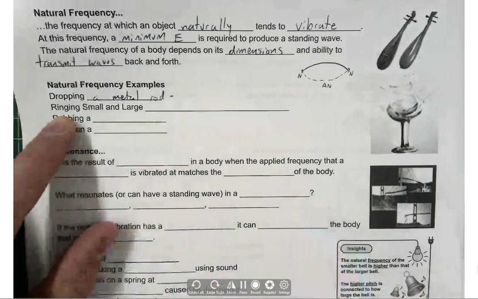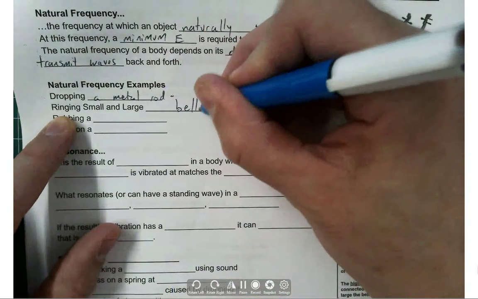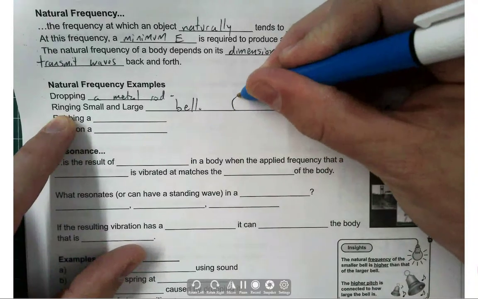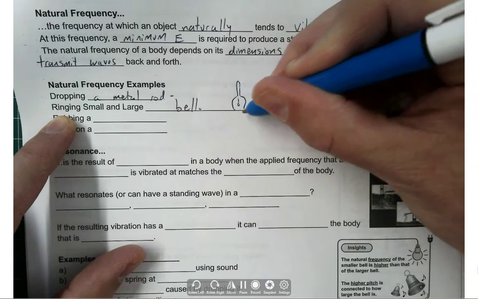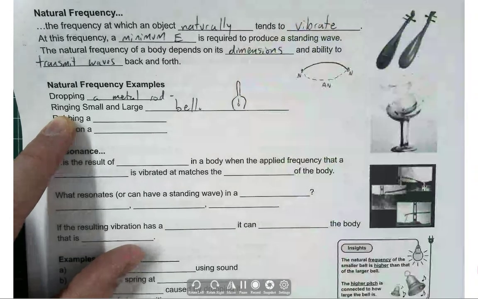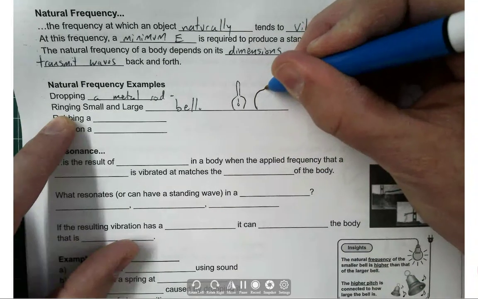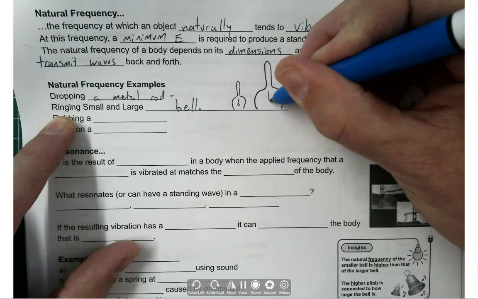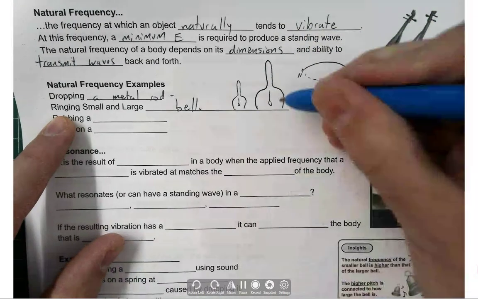Ringing a small bell versus a large bell. Again, when I think about a bell, like ding-a-ling-ling, if this is my bell, there's the little clacker inside that clacks back and forth and rings the inside of the bell. If I have a little bell as opposed to a big bell, it turns out that the things that are vibrating are larger on that big bell.